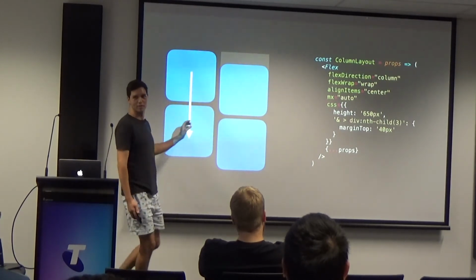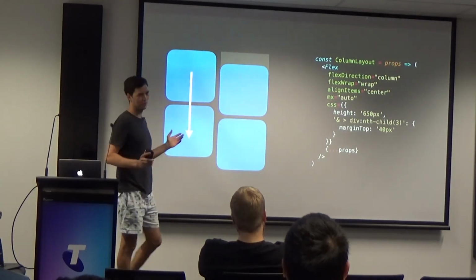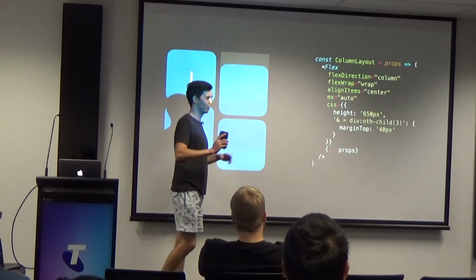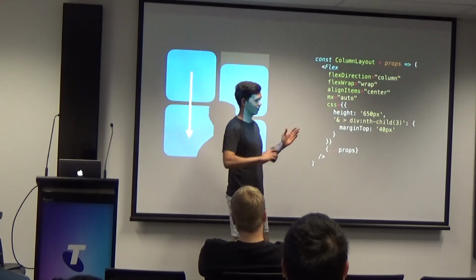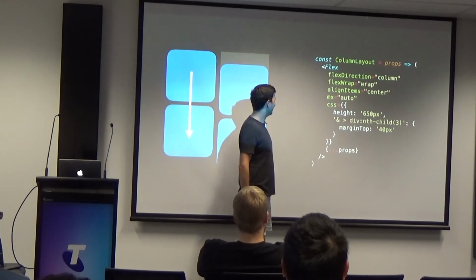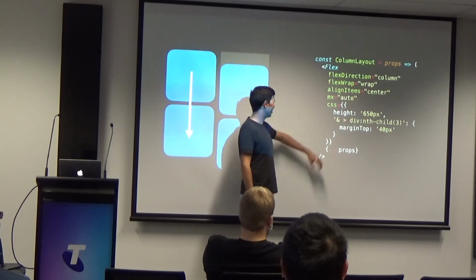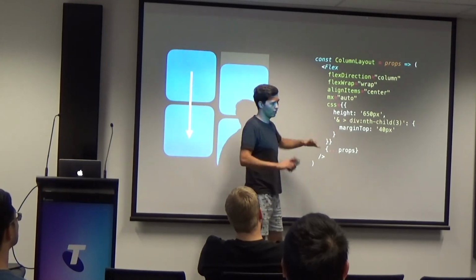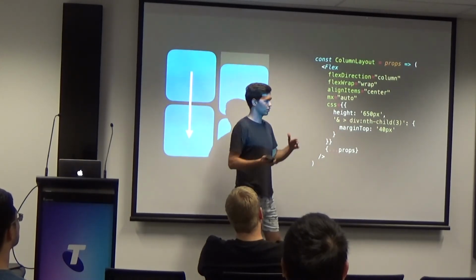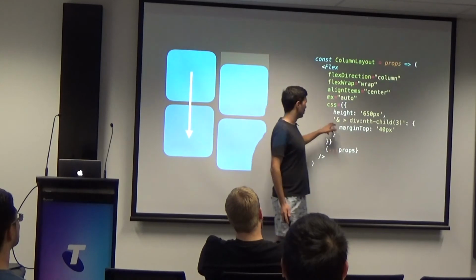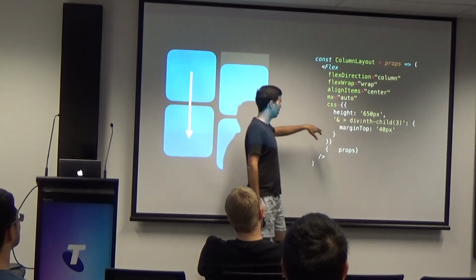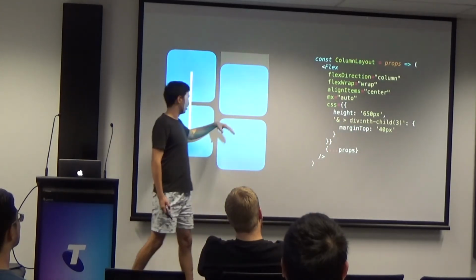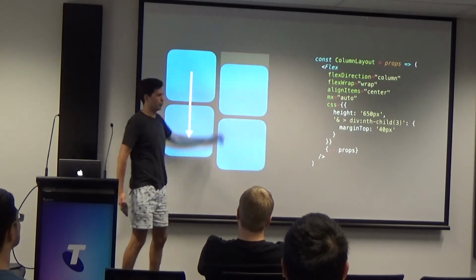Is that the right way for align items? I can't remember between align items and justify content. I just try one and then switch it to the other if it doesn't work. And then the cool thing about CSS as well is you can pass in any child selectors or whatever you want. So here we can pass in the nth div child, and I want to apply a bit of a margin because I want to offset that down a little bit.